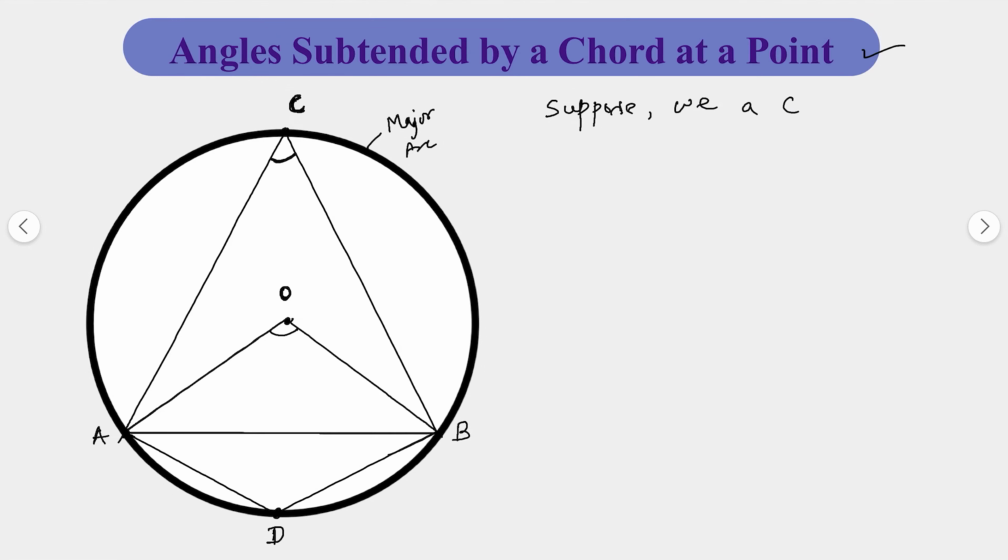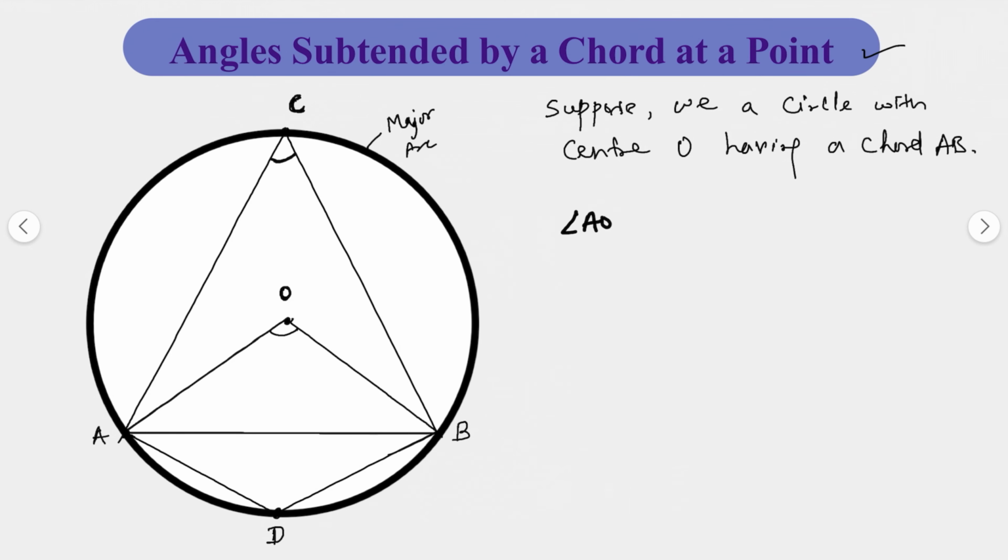Suppose we have a circle with center O having a chord AB. Then this chord will make 3 angles.